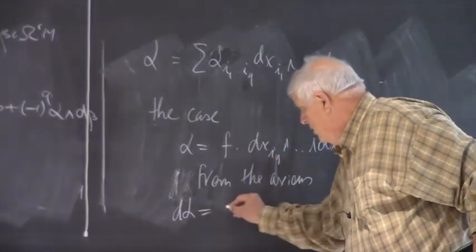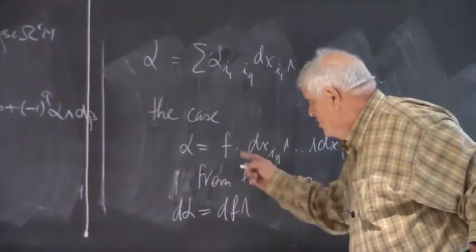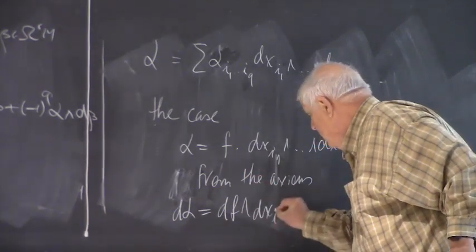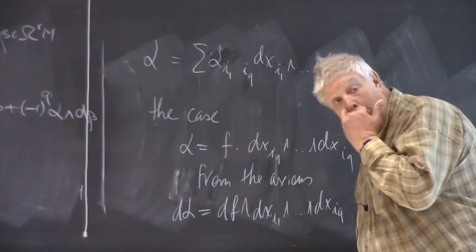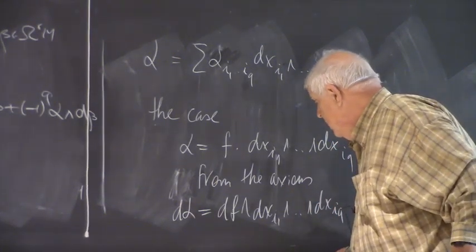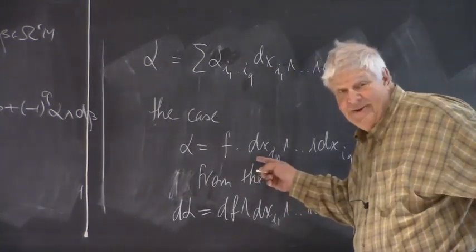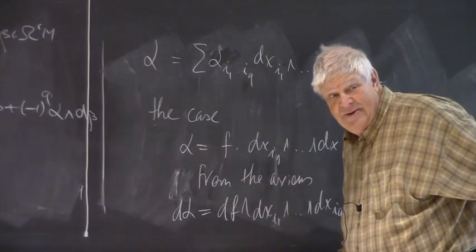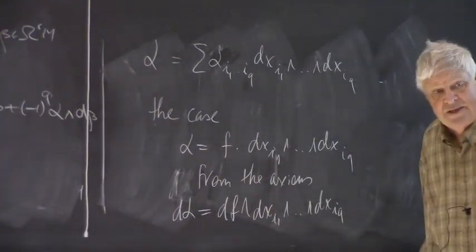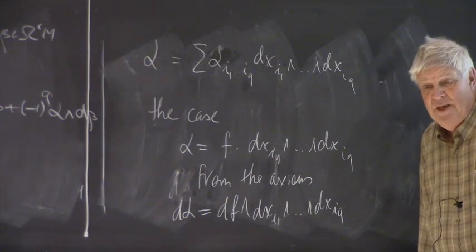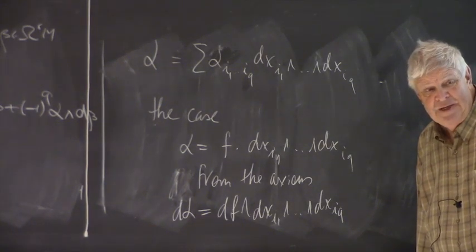The first summand will be df times, now I use this wedge because it's not a function anymore, dxi1 wedge ... wedge dxiq. Now we need to apply d to this, but this is 0 because dd is 0. And all the rest of the factors, q factors, none of them makes any contribution into the final result because dd is 0.